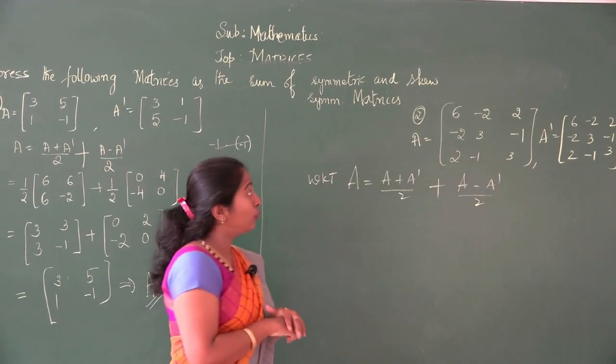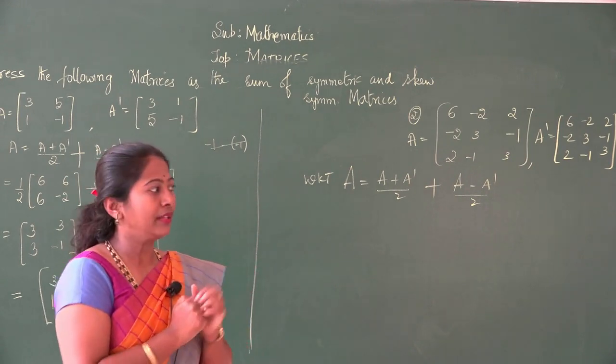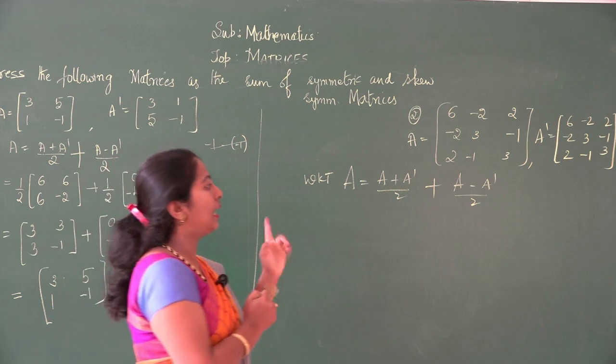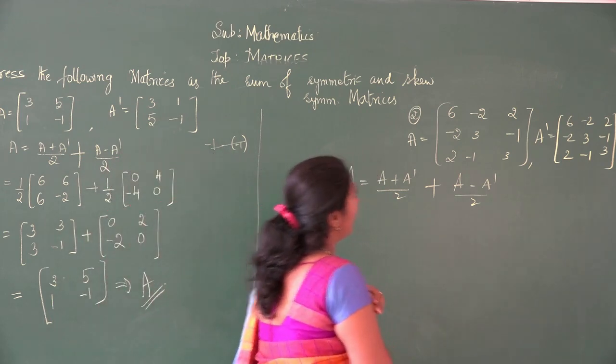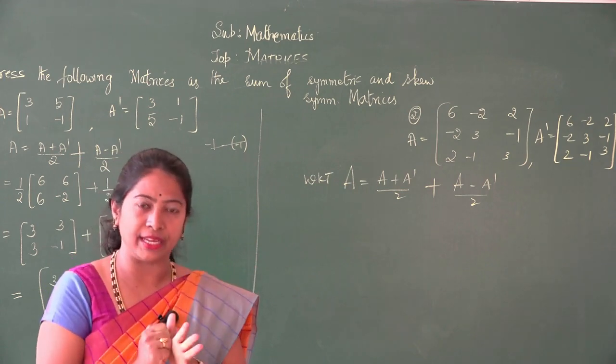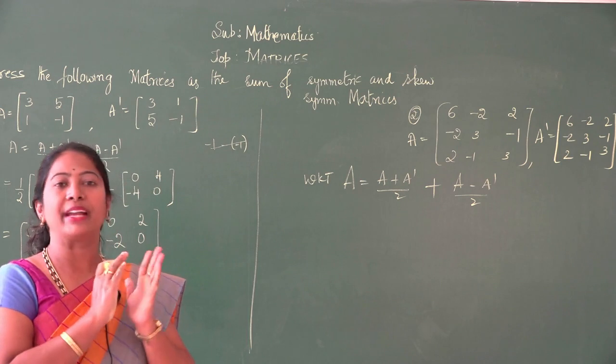Now, do we notice A dash is same as A matrix? Given matrix was A, we transposed the given matrix and we wrote matrix A dash. In this problem, we notice that A dash is equal to A. If A dash is equal to A, then what type of matrix is it called?